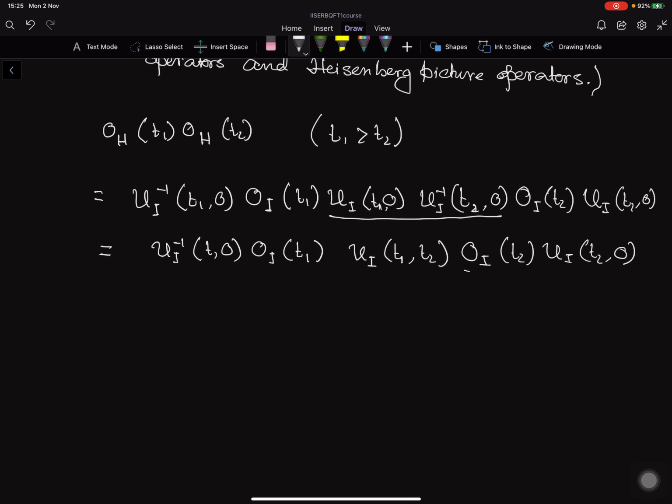So this is the interaction picture operator at t2, then the interaction picture evolution between t2 and t1, and then the interaction picture operator at t1. Let me just put brackets in this way.